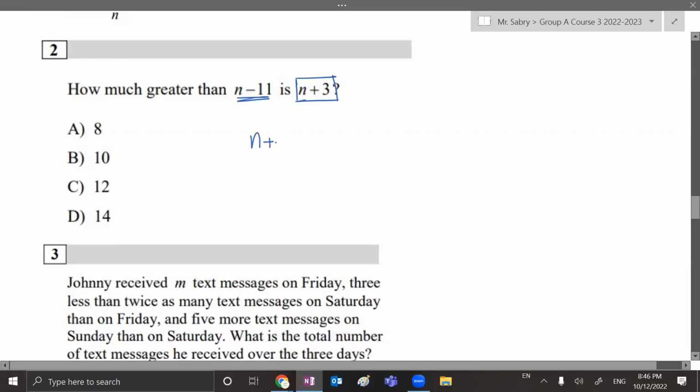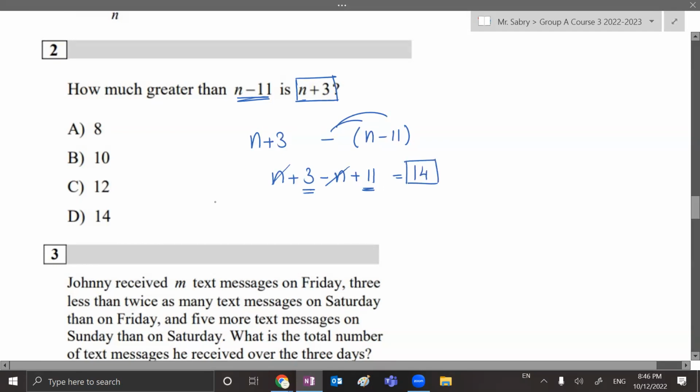It's definitely n plus 3. I'll need to subtract from it, in a bracket, n minus 11. Now this negative sign must be distributed. So I'll have n plus 3 minus n and plus 11. The n and minus n will cross each other, and then 3 and 11 added will be 14.